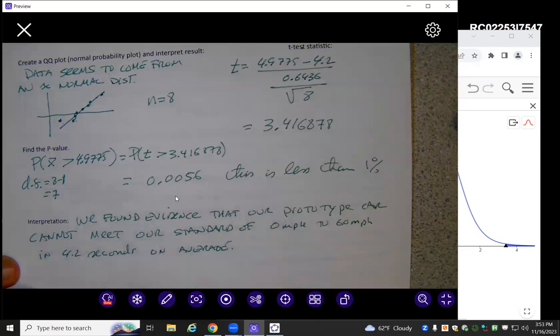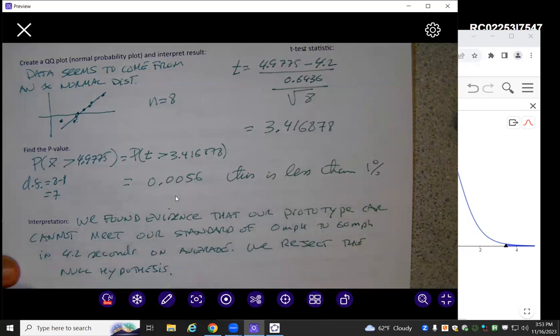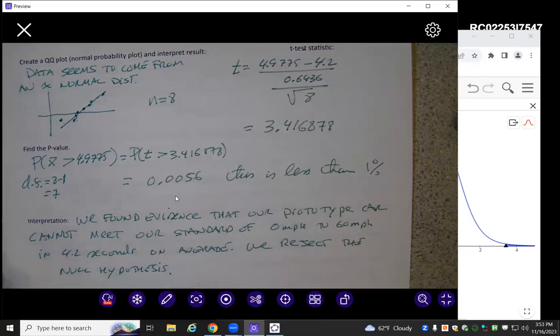So again, we reject the null hypothesis. I mean, this is totally backwards. Never do you assume what you're trying to prove, but hey, have a little fun.